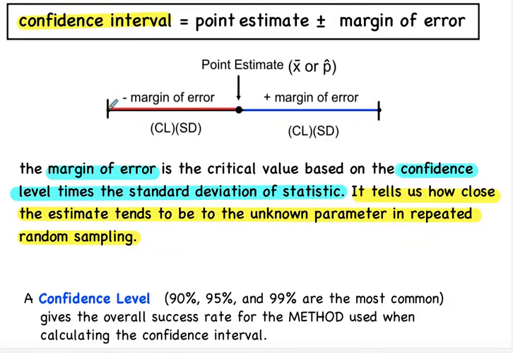We subtract a margin of error and that gives us a lower bound. Then we would be saying that we are pretty sure that the true mean or the true proportion lies somewhere between here and here. This is like those strips we put on the back of the wall yesterday. We put the pin in the middle, and then we had a strip to the right and a strip to the left.